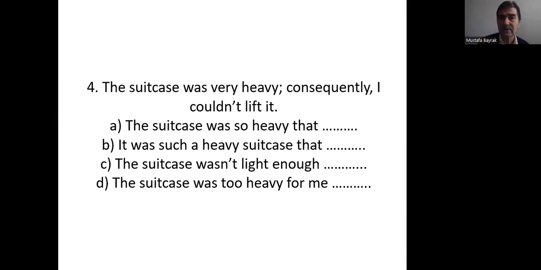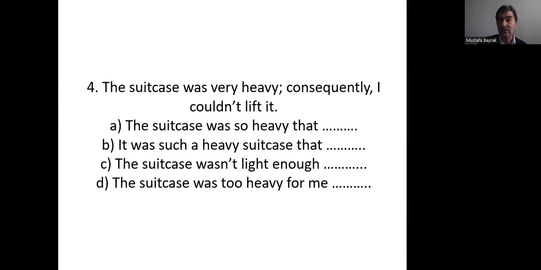Yes, the suitcase wasn't light enough to lift is enough, in fact, but the better one is for whom? The suitcase wasn't light enough for me to lift. The suitcase was too heavy for me to lift. Is it clear? Yes.